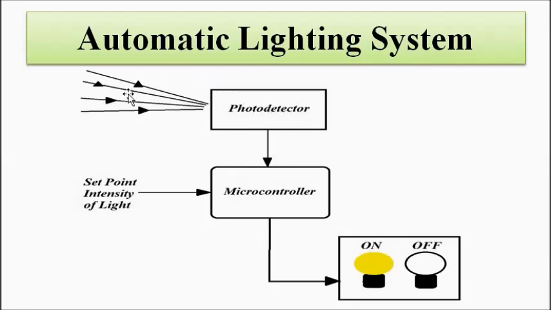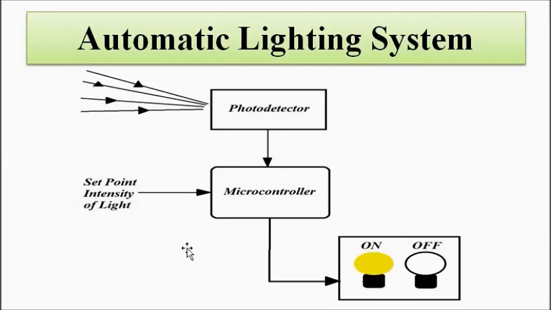It measures the intensity of the sunlight and gives it to the microcontroller, and the microcontroller is fed with a suitable set point of light intensity, above or below which the lighting system will be activated or deactivated. So during the evening, when the intensity of the sunlight drops below the set point defined for the activation of the lighting system, the microcontroller issues a signal to turn the lighting system on.